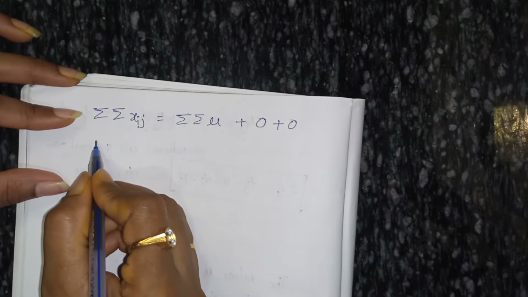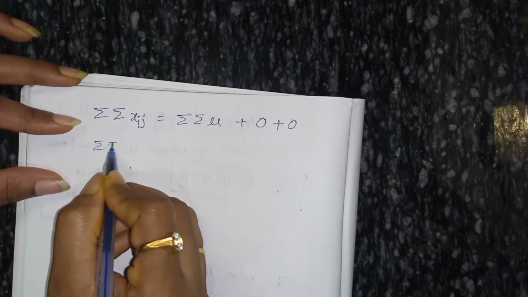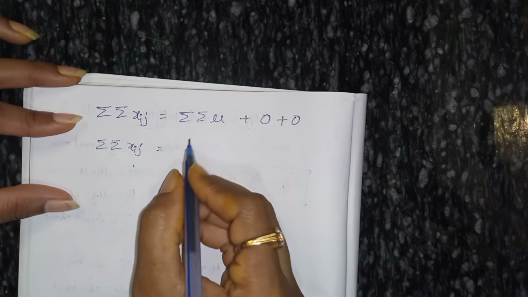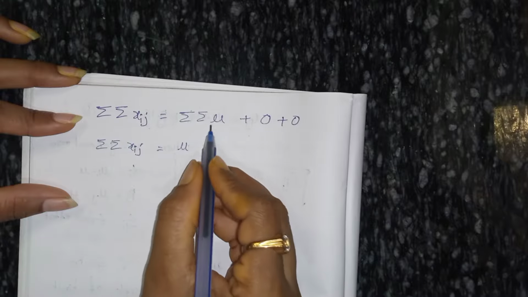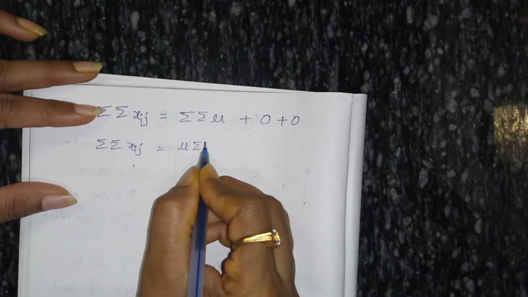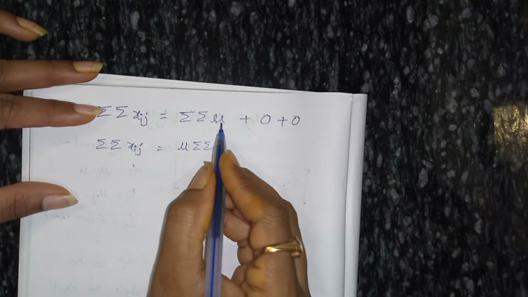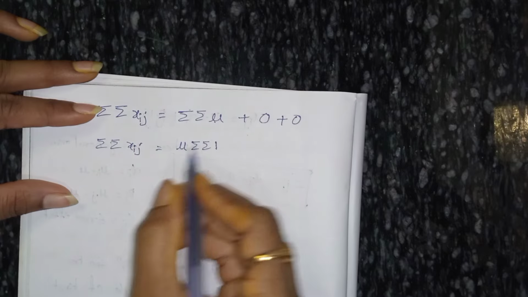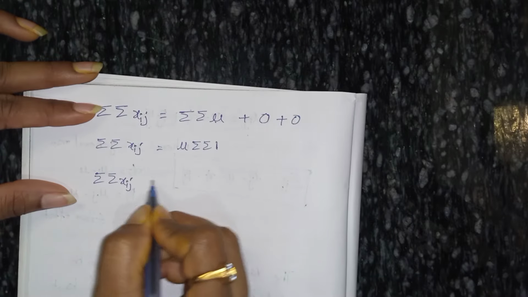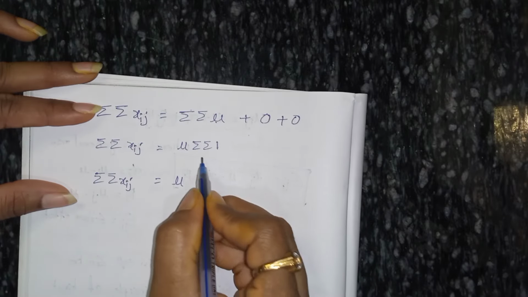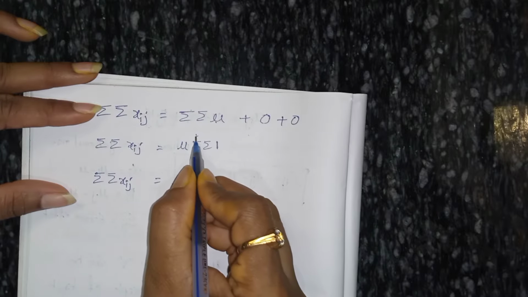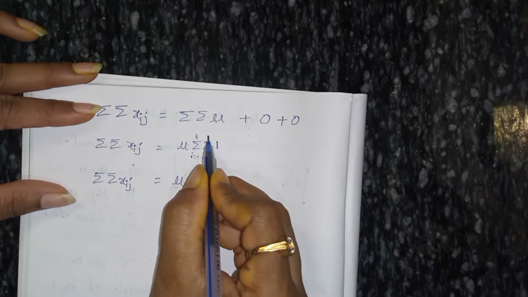And the next is double summation xij equals, so this is mu, no? So I am making it a constant. That means the summation before it, I am going to write, double summation; anything not there we can treat as 1. So double summation xij equals mu. Here the limits are i equals 1 to k, j equals 1 to n.